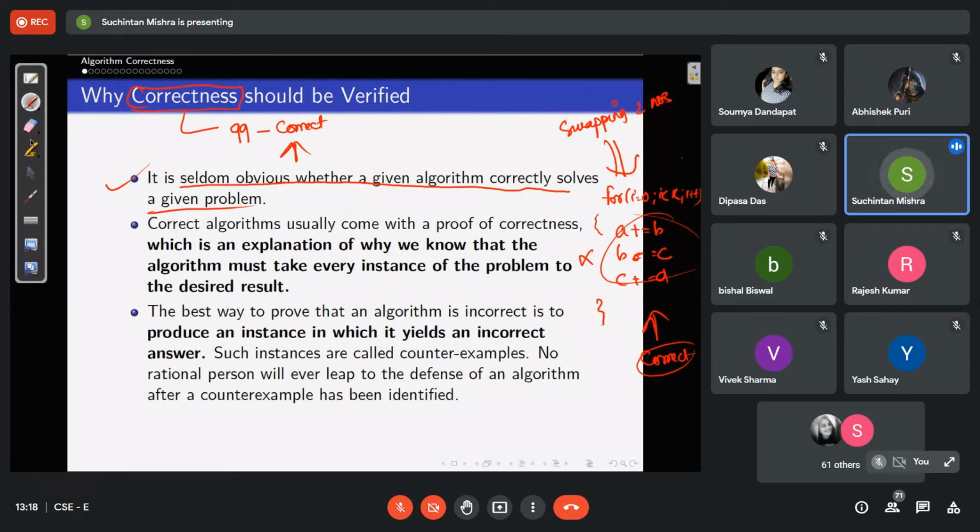So that is why there are formal methods that can prove that the algorithm is correct. Once we have shown that this algorithm is correct through this formal method, nobody can question us.